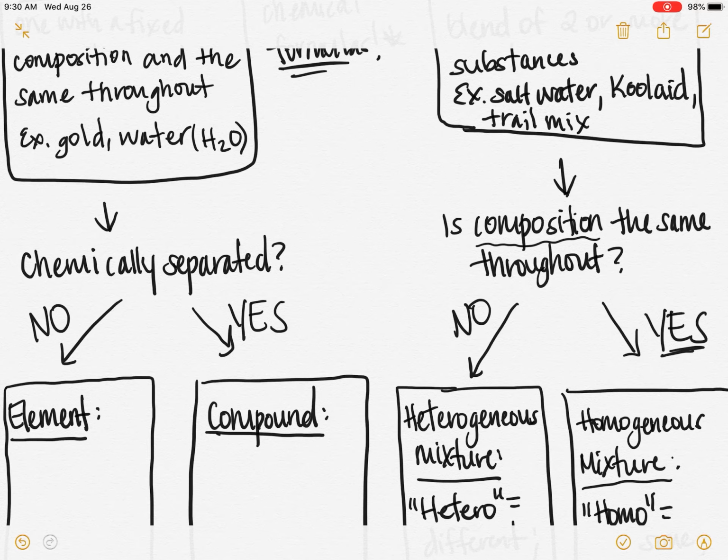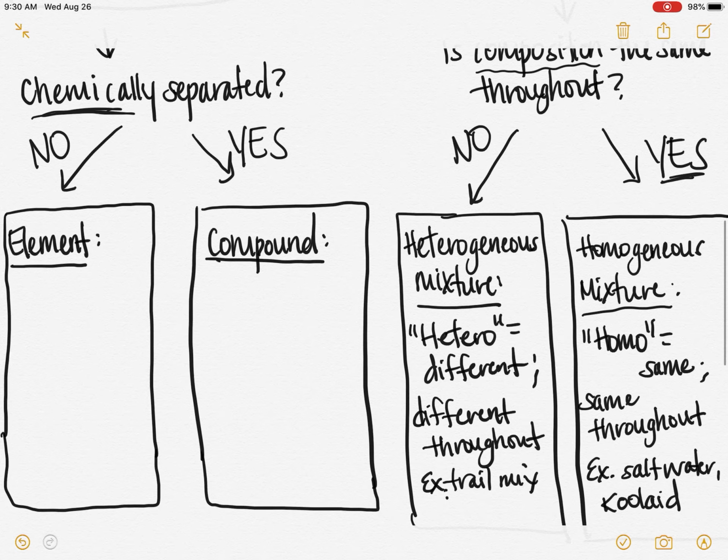But could a chemist use some kind of chemical means to separate the hydrogen from the oxygen? See, it's chemically separate. So could we do some kind of chemical reaction? And you might not know that the answer to this question is actually yes. A chemist can. It's called electrolysis, and we will discuss electrolysis in class. So if the answer to this question is yes, a chemist could break down this pure substance, then the pure substance is classified as a compound.